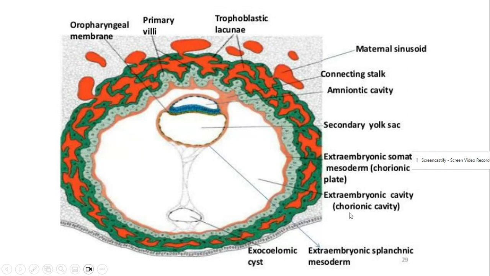Extra embryonic cavity, chorionic cavity. This is the extra embryonic somatic mesoderm, chorionic plate. This is the plate. This is the secondary yolk sac, right? So we have the amniotic cavity and we have the secondary yolk sac. This here is a connecting stalk. This is a maternal sinusoid.